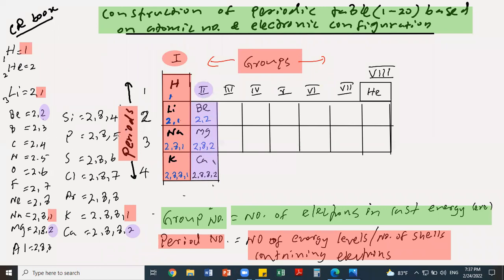Let's see which elements. Who can tell me, out of these 20 elements, what are the elements that belong to the third group or the third column? Check which have outermost 3 electrons. Any volunteers?